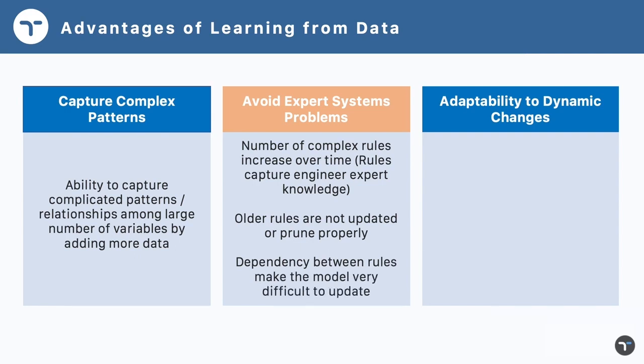There is a lot of coupling between rules, and when you change one rule, a bunch of other rules get affected by that change, and that becomes a nightmare in terms of maintenance. With machine learning, you forget about that because everything is based on the data. So when the system gets more complex, that complexity is inside the data itself. And because you are learning from the data, you just have to retrain your system to capture those new complexities.